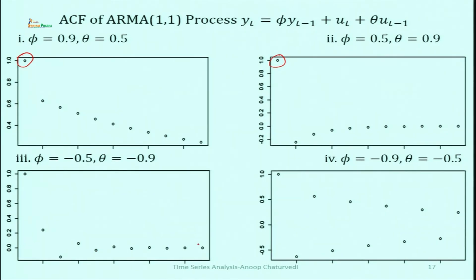So, basically autocorrelation function oscillates, but in magnitude it is declining.